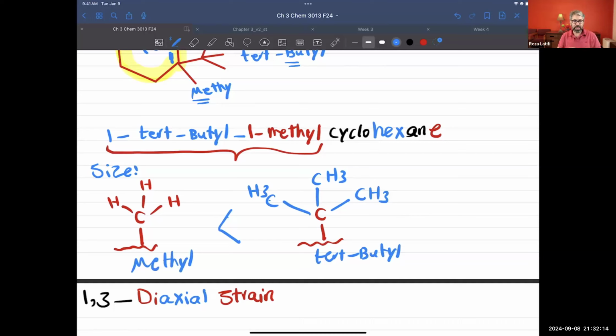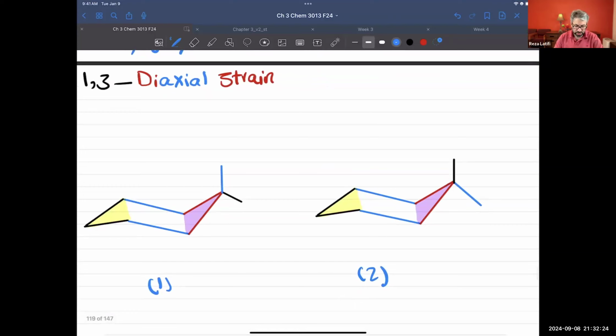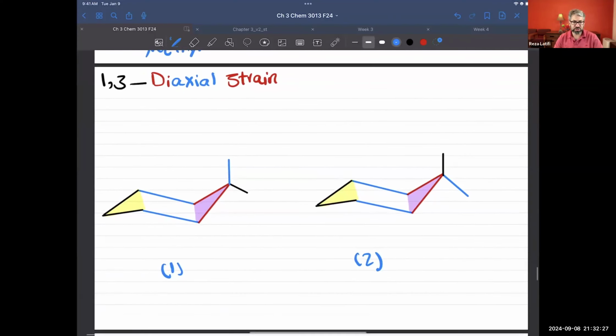Now I have 2 substituents and I want to put them on the chair conformation of cyclohexane. The question is, where should I put them? I have 2 options. First option, let's put the methyl down here and the tert-butyl there. So we get CH3 here, and we put the tert-butyl. Remember, the tert-butyl has 3 carbons attached to it, and each carbon comes with 3 hydrogens.